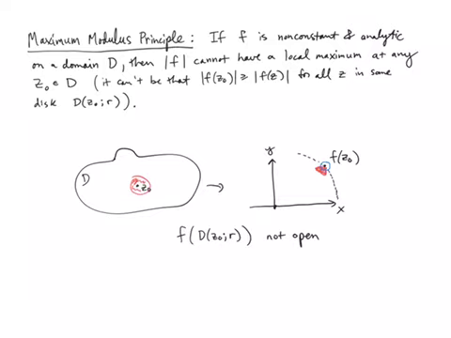So that little red disk is a domain, so its image is supposed to be open under f according to the open mapping theorem. But it clearly is not, because any small disk is going to have points further out from the origin than the norm of f of z0, and so that's going to contradict open mapping.